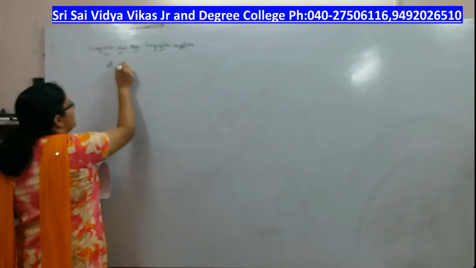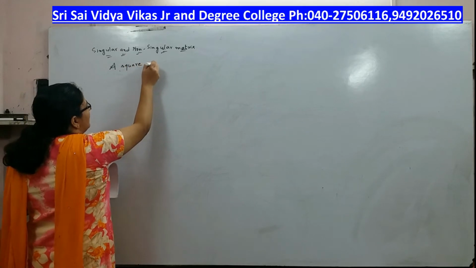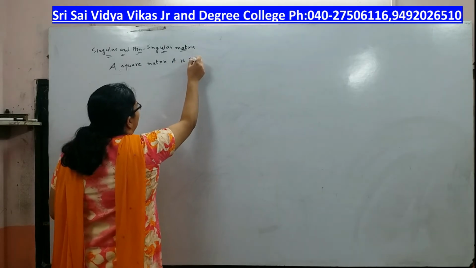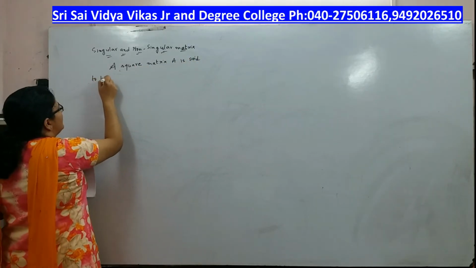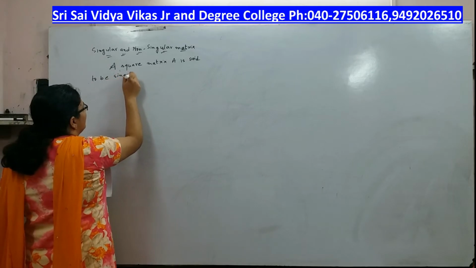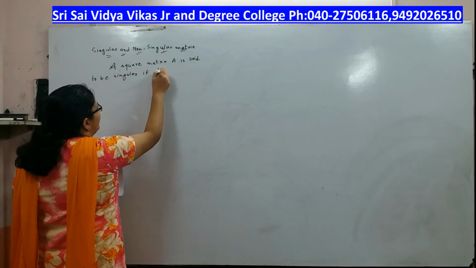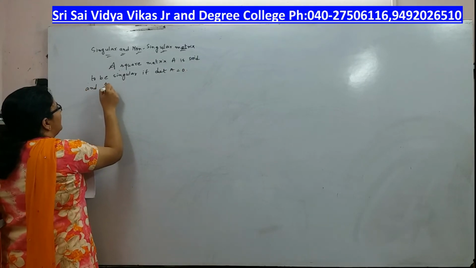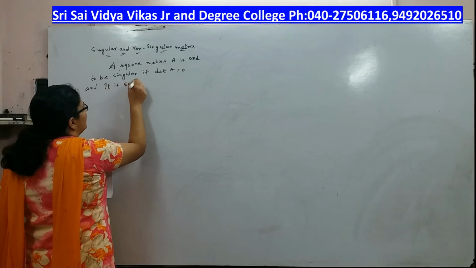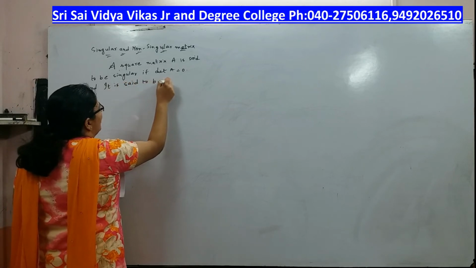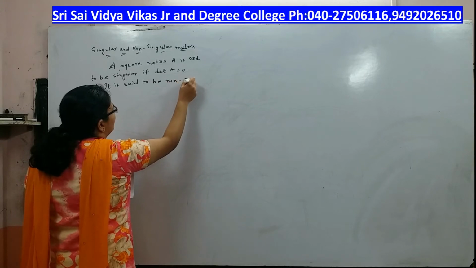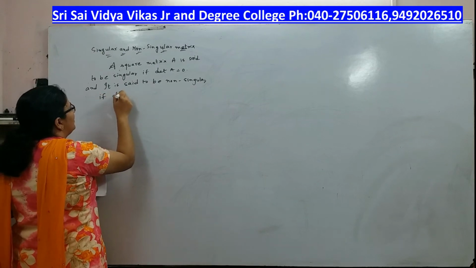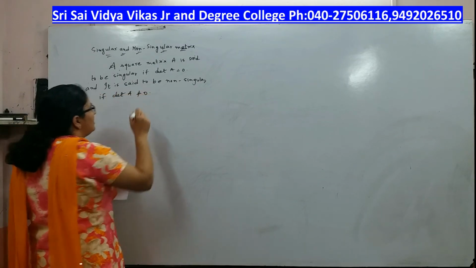A square matrix A is said to be singular if det A is 0, and it is said to be non-singular if determinant of A is not equal to 0.